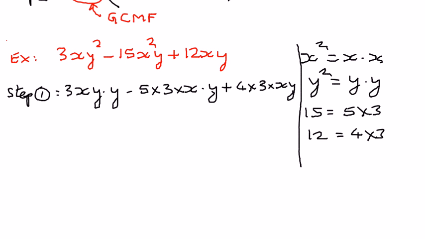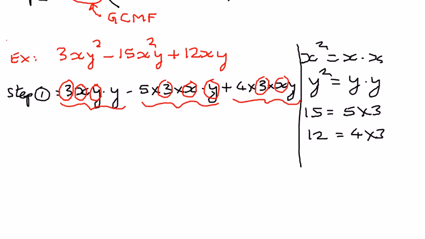And now we want to look for if there is anything common here. 3xy is common in all these terms. This is one term, this is another term, this is another term. Then we have 3xy is common in the second term as well, and then 3xy is also common in the third term.